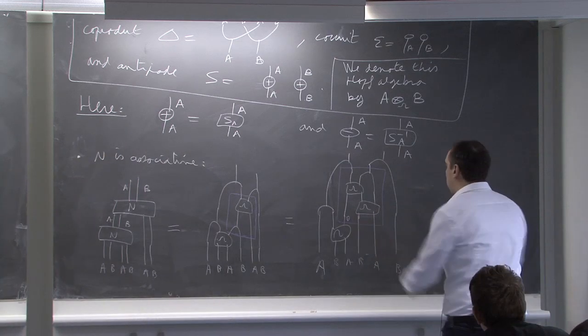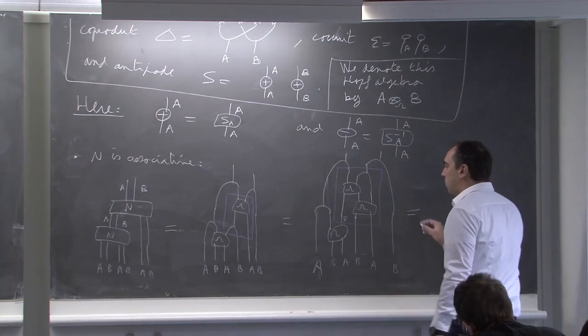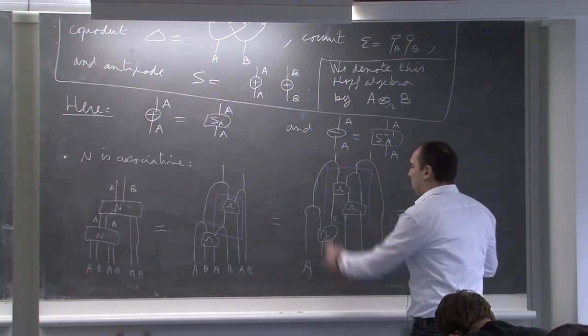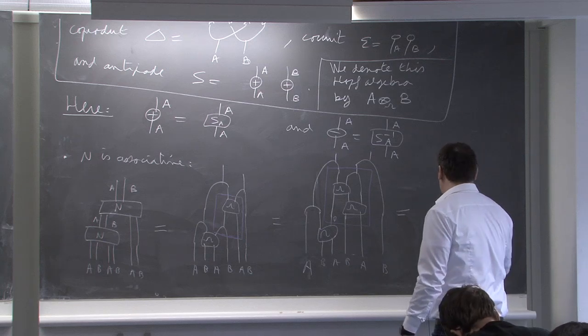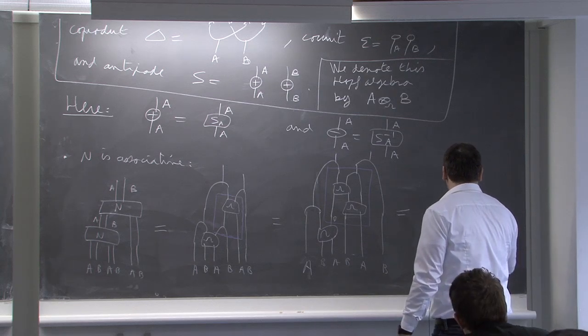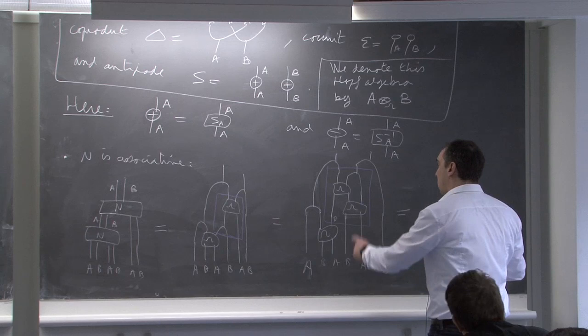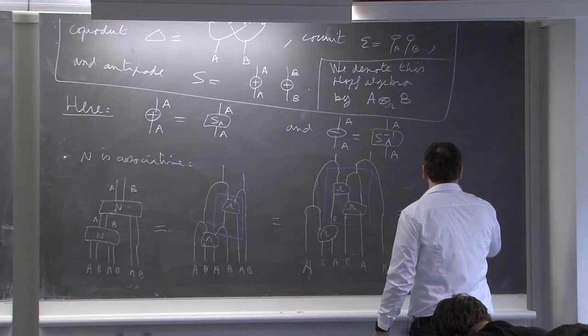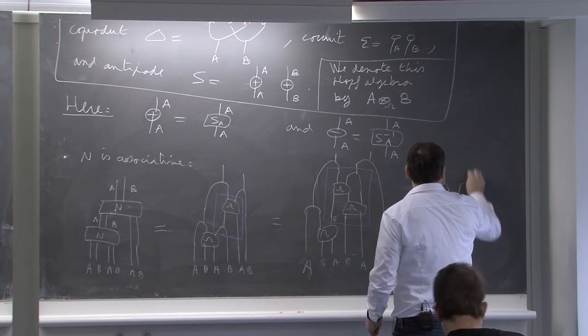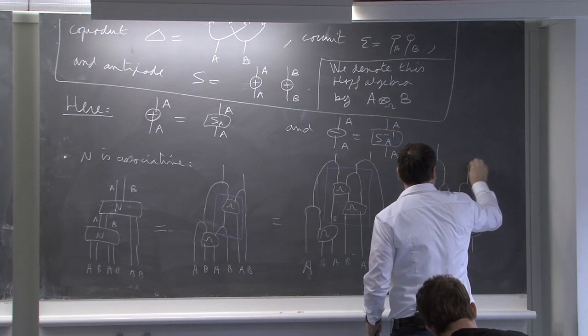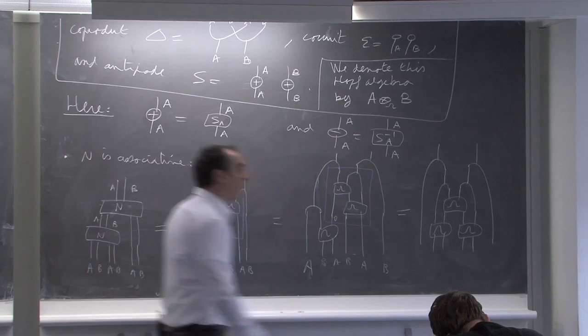And now if I use the associativity of the product of A here, I can rewrite this like this. Okay.